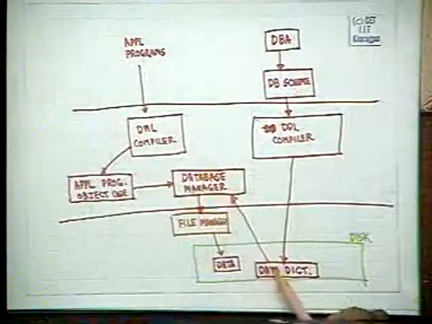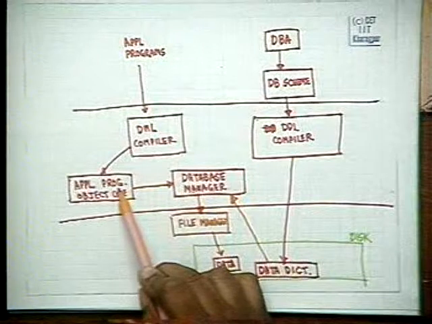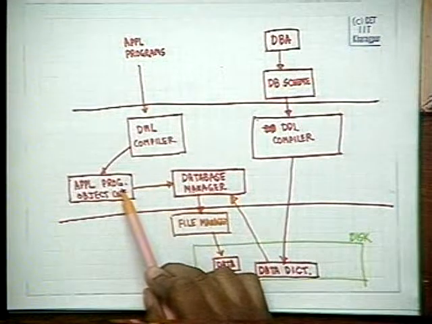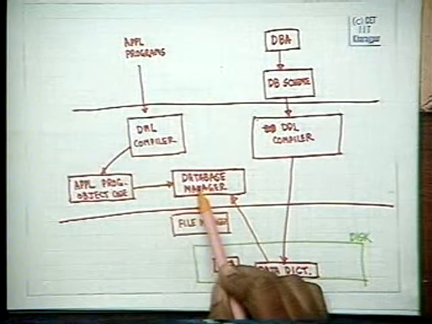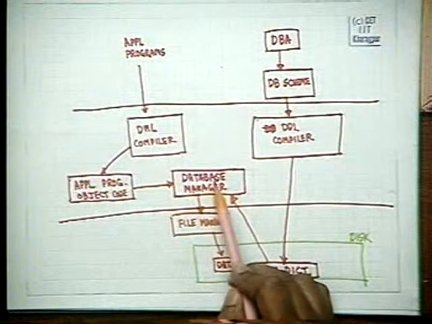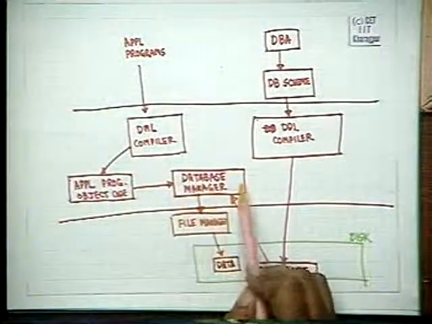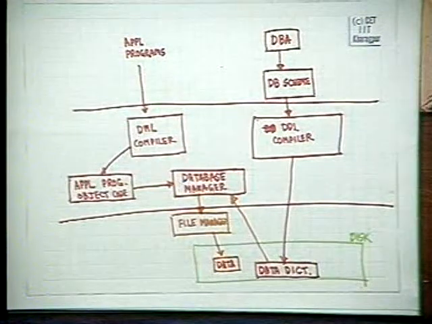That will be gathered from here. The application program will just say I want the balance from this database, the accounts data. That will have to be converted to file system commands exactly, and that file system command translation is done by the database manager.